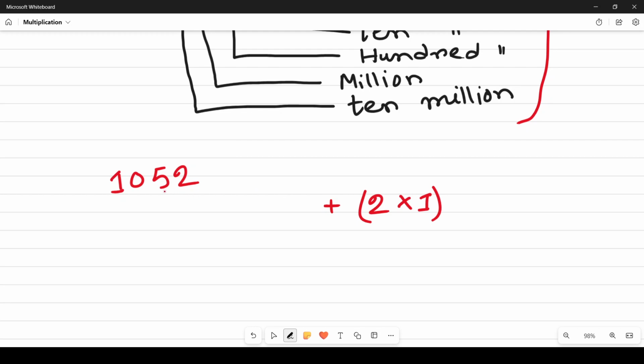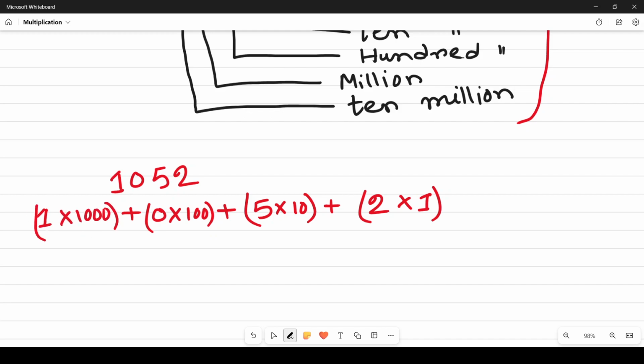The second digit is 5. So the place value of the second digit is 10. So we multiply by 10. The third digit is 0, multiplied by 100. And the fourth digit is 1, so we multiply it by 1000.